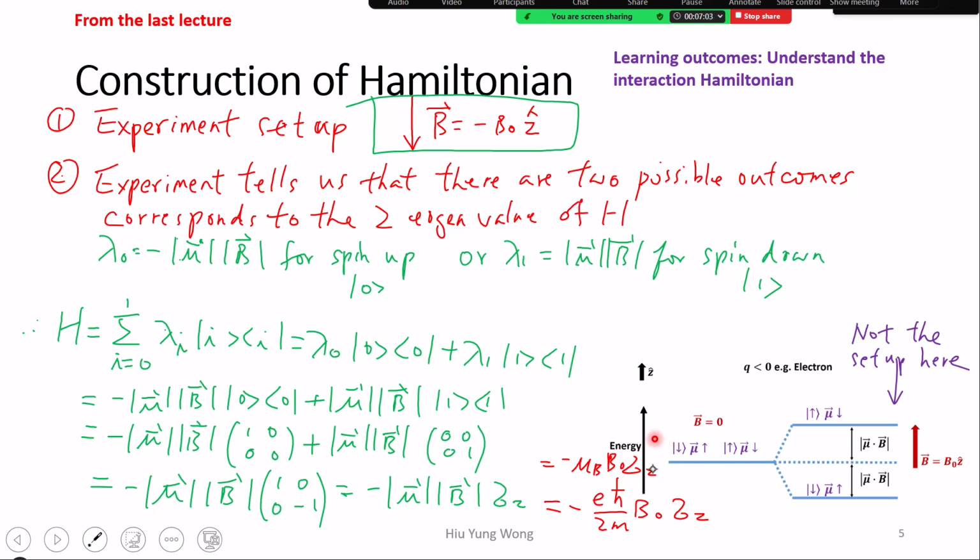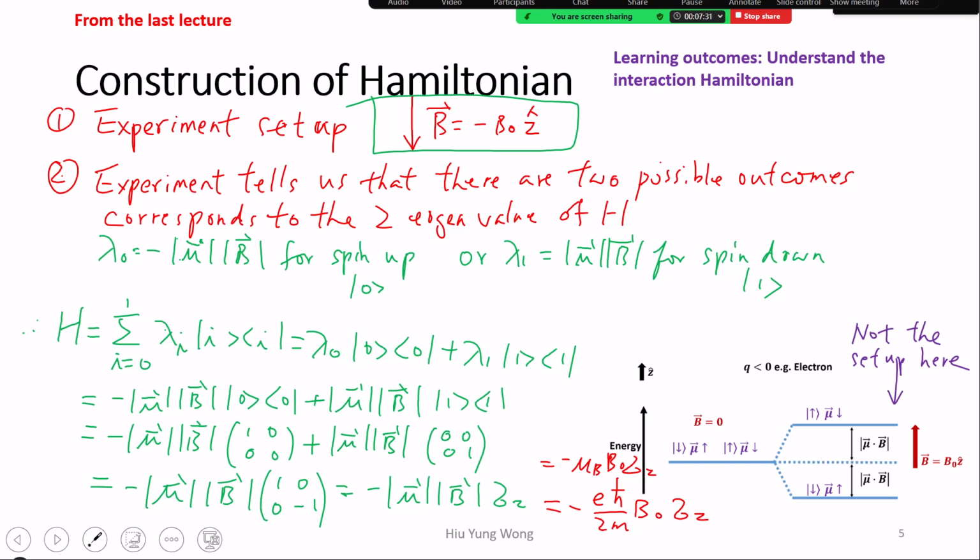Spin is not really something spinning, but classically, just think of an object moving in circular motion, you have angular momentum pointing down. But because this is an electron with negative charge, its magnetic moment is pointing up. If you want to understand the detail, that is fine. If not, this is the minimum you need to know.